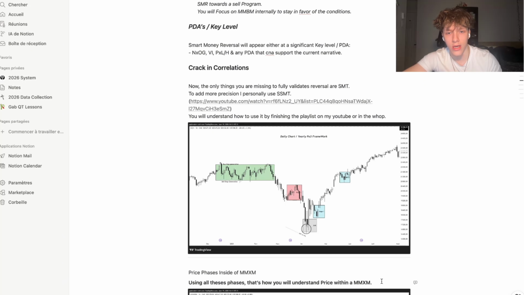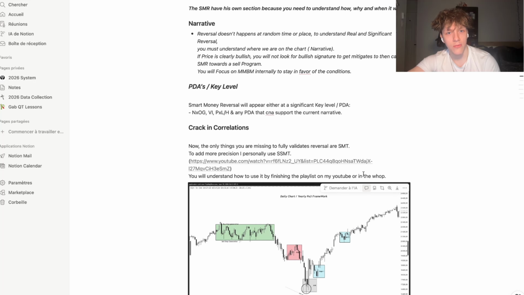So if you're looking for a market maker buy model on the daily chart or something, it will depend on the time frame, but that's for your own study. You really want to look for a bullish signature inside of your price action. After that, we have the PD arrays and the key level.